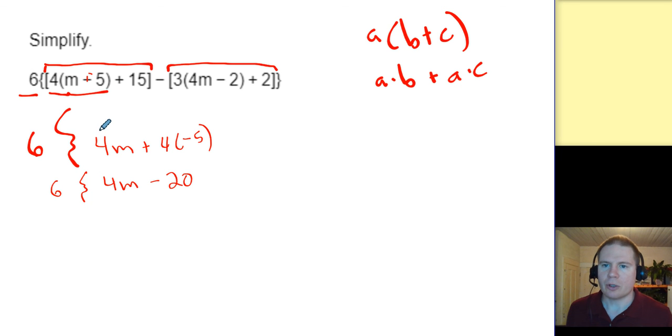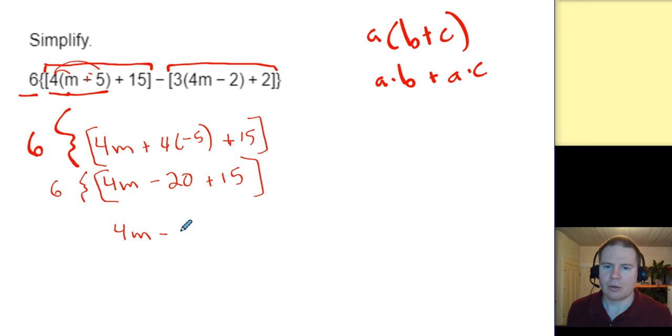Okay, so this was inside the brackets, distributing here, plus 15. The 4 isn't times the 15. I think you guys all recognize that. That's inside that first bracket. So now I can add the 15 to the negative 20. And that's what's inside my first bracket. Now this is as simplified as it can be.